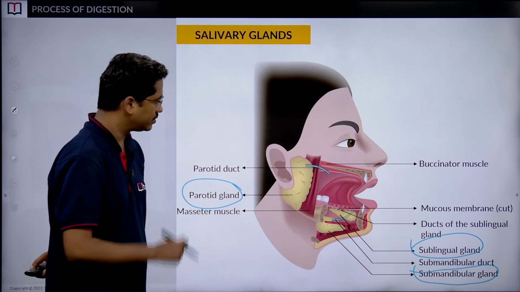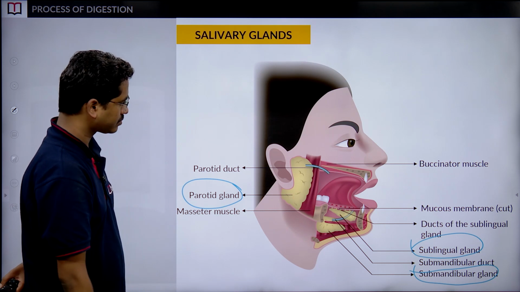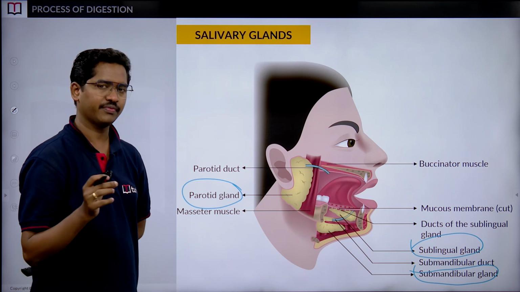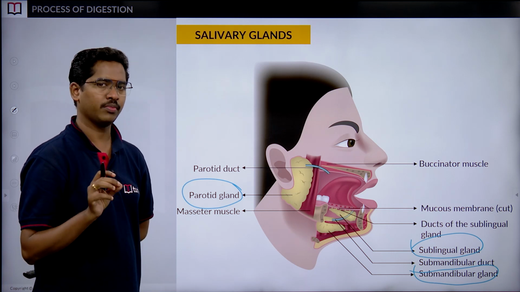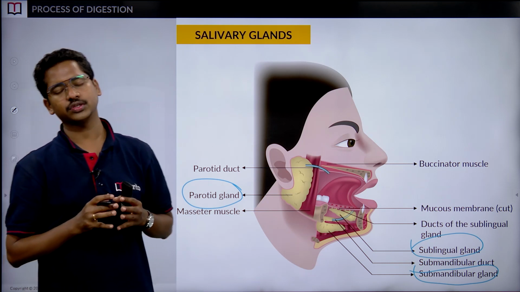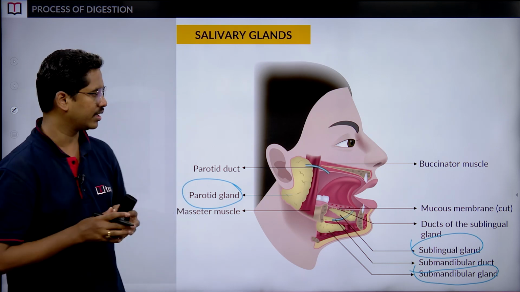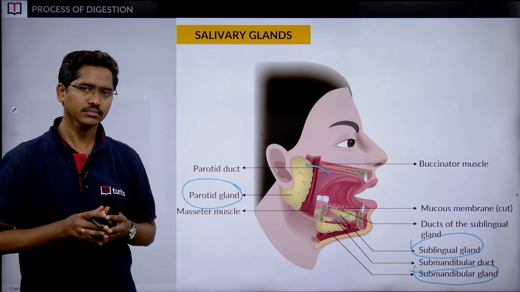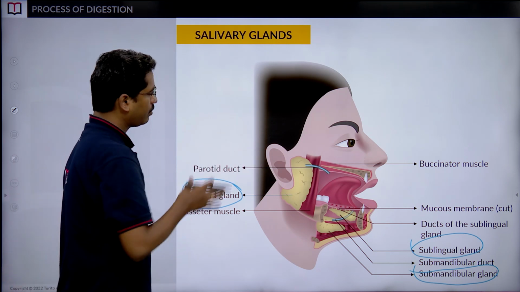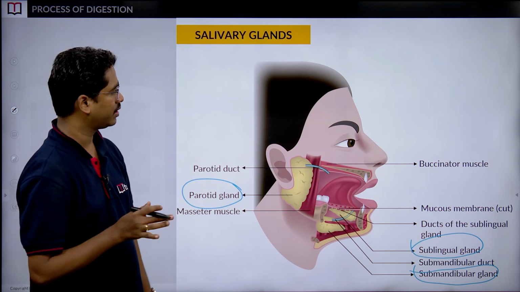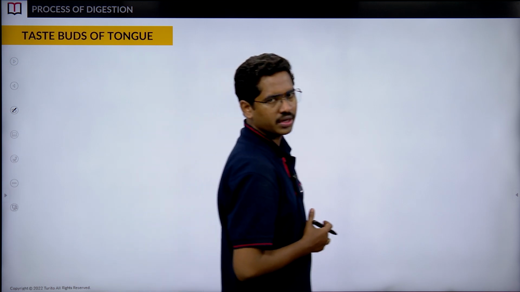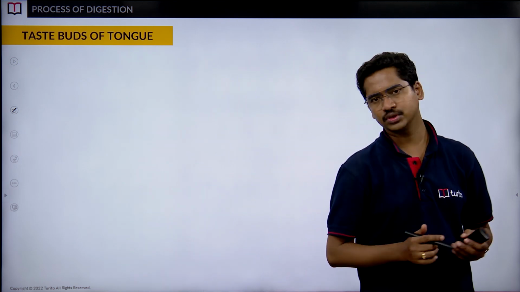These three types of glands have specifically tube-like arrangements from them, so that using those tube-like structures, that is the ducts, they release the salivary amylase. So, that is one thing we have. This is what we looked at in the previous session, and we also used the very same buccal cavity having the tongue, which helps us to taste.